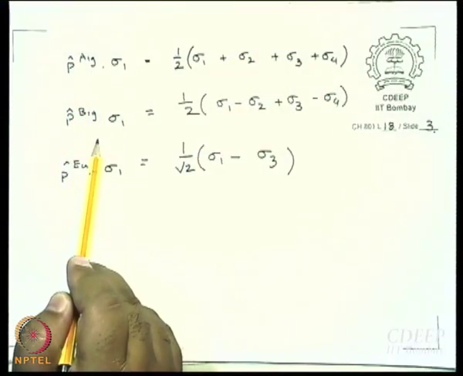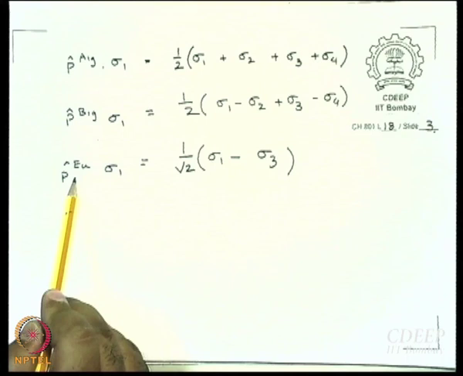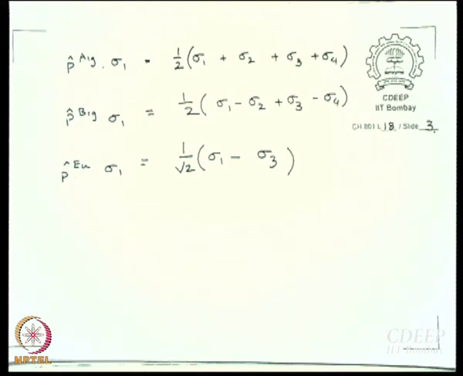There are 2 1-dimensional representations, A1G and B1G. We have already worked out the SALCs for them. Now what is left is one of the SALCs for EU, because EU must have 2 SALCs, isn't it?